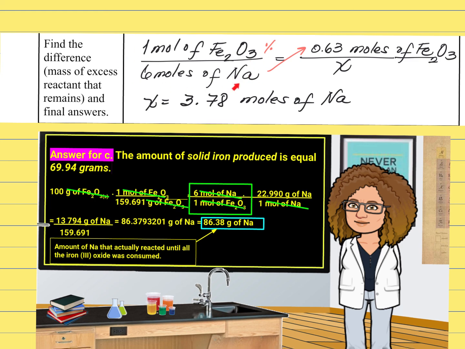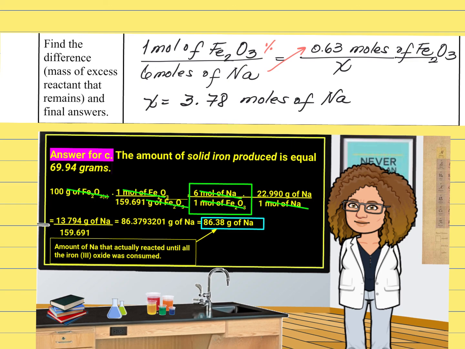But in addition, remember that I'm looking for the extra mass of sodium that didn't react. First, I'm going to find the amount that was reacting with my limiting reactant. When I'm writing this proportion, I have that the amount of sodium that reacted was equal to 3.78 moles. That was the amount of sodium that reacted with my limiting reactant.